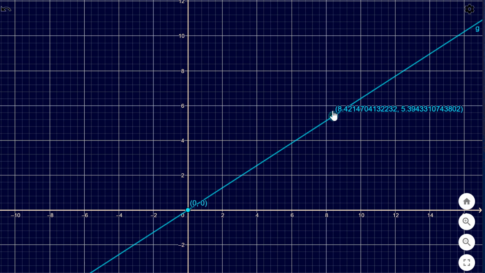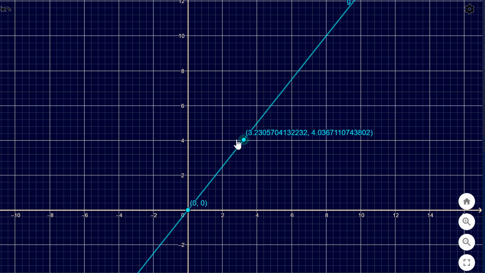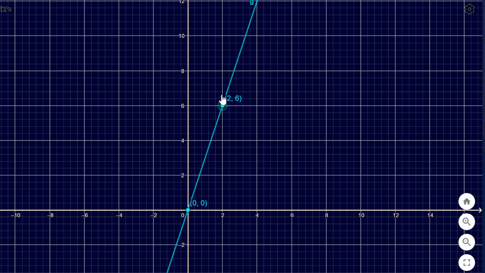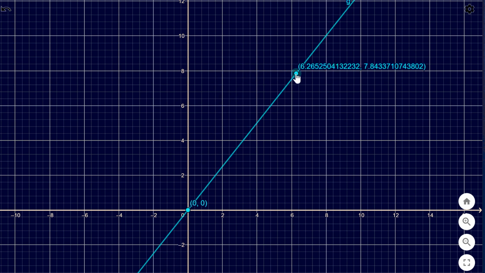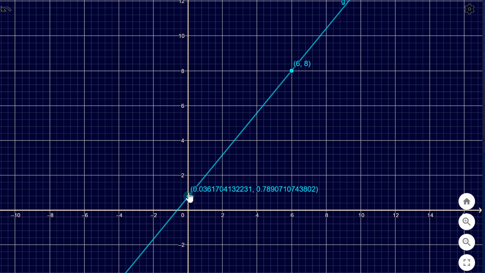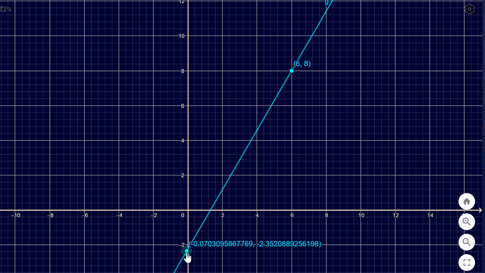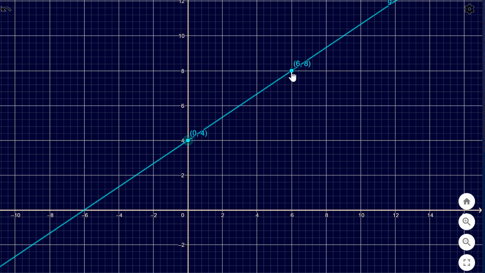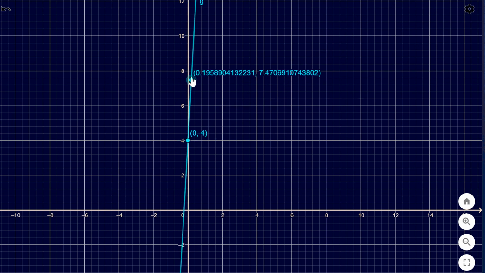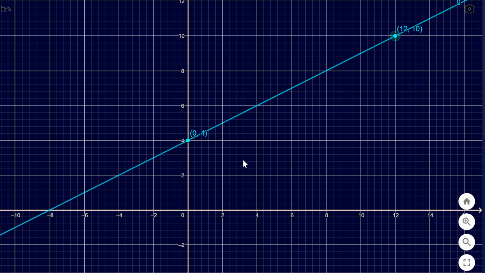So your line, any line, is defined simply by knowing where to put one point and then from there where to put a second point. So generally we like to know where to put the y-intercept somewhere along the y-axis, and from there we use a slope to move up a certain number of units and over a certain number of units until we get the steepness we want to create the line we're shooting for.